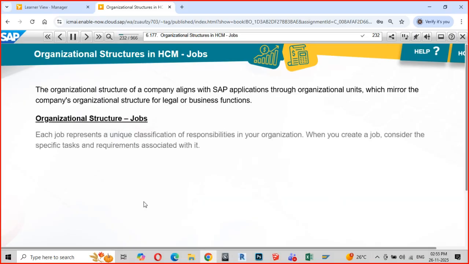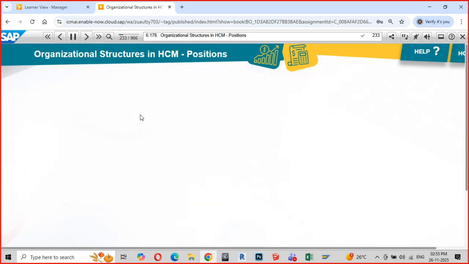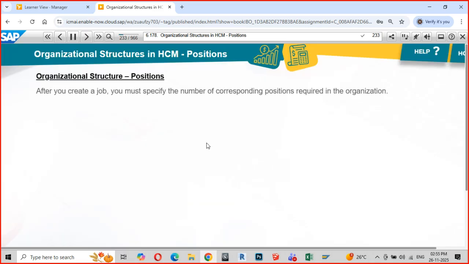So these are all created by the HR people, the jobs, the personnel, the employees. We are not responsible for creating the employees.